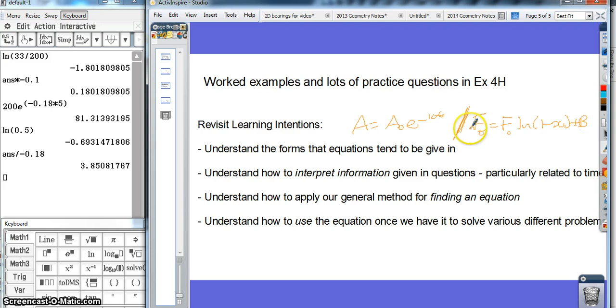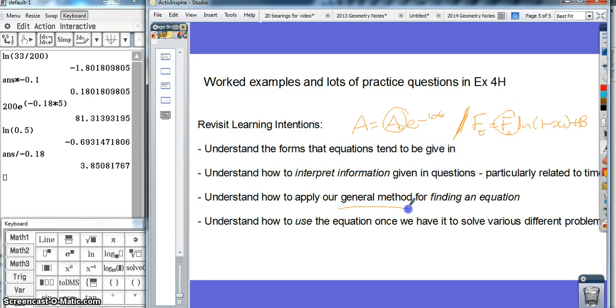That sort of thing. Understand how to interpret information in questions. So we're talking about understanding that words like at the beginning, at the start, before the experiment ran, that sort of thing is telling you about the initial conditions. So you're looking for things like A0 is the initial amount, F0 is the initial amount of F, whatever that is. Understand how to apply our general method.